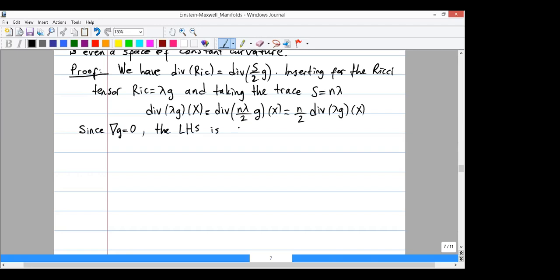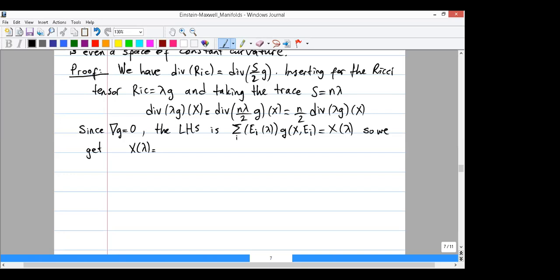The left-hand side can be written as, so we get X lambda here.